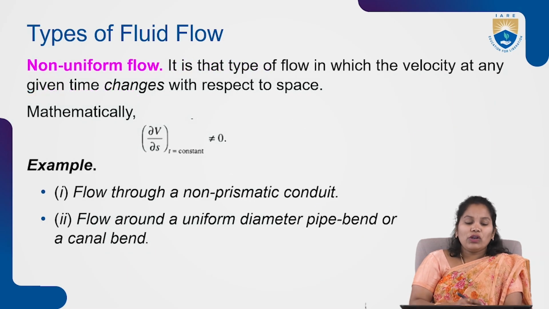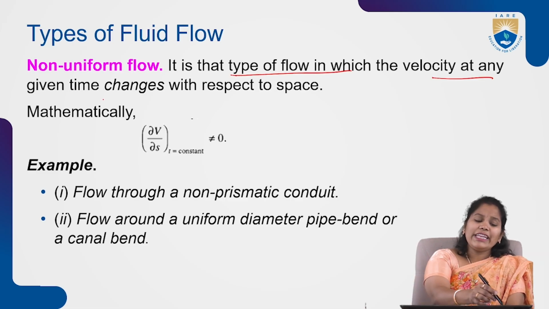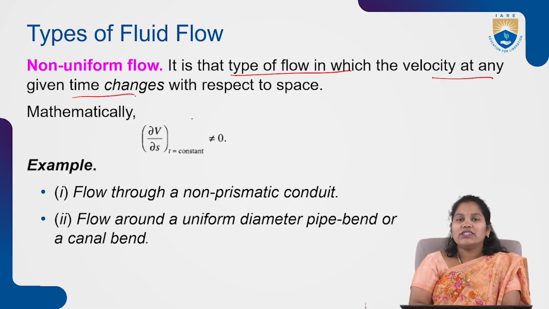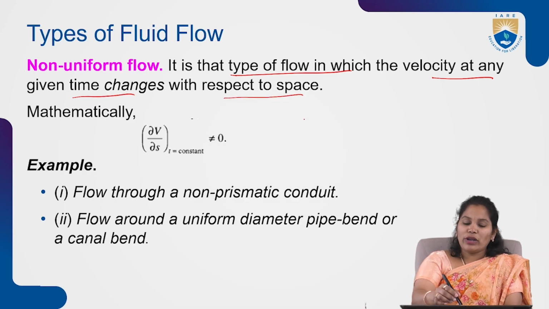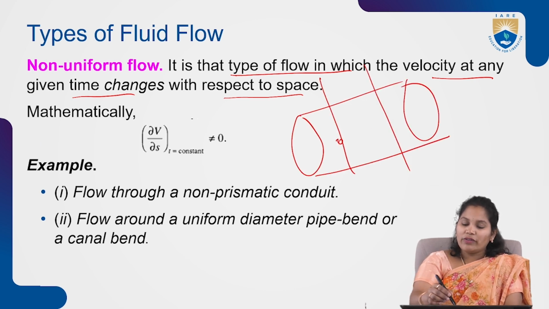Non-uniform flow is a type of flow in which the velocity at any given time changes with respect to space, with respect to length. At section 1-1, the velocity is 1 meter per second. Here the velocity is 3 meter per second.